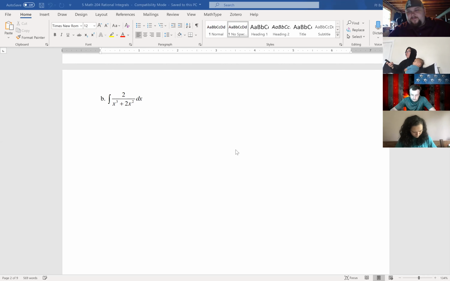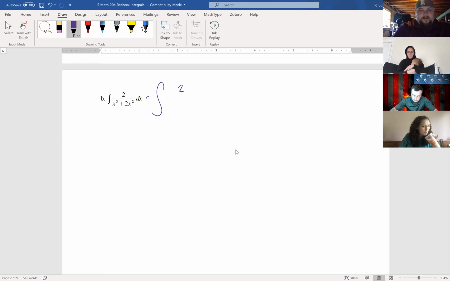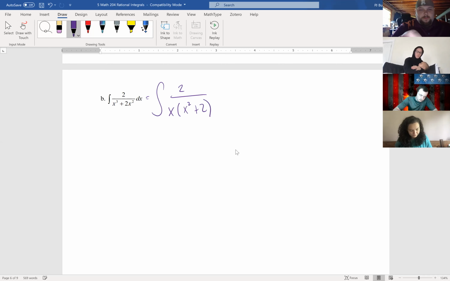So the very first thing you have to do for these is factor. So I would rewrite this to start. Actually, no, hold on. I could take out two x's. So I would take out an x squared, and that would leave me behind x plus 2.